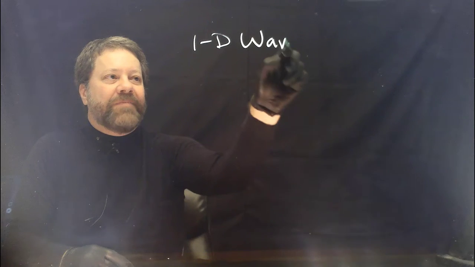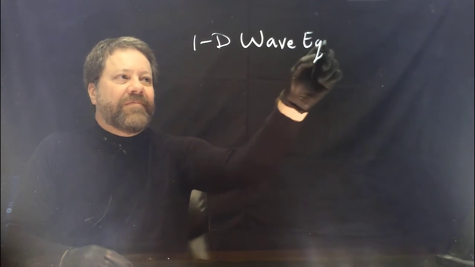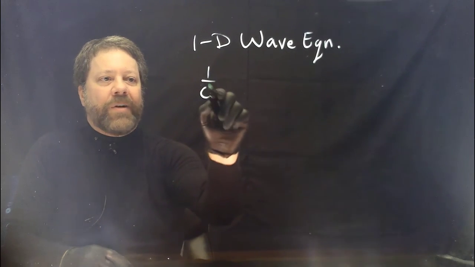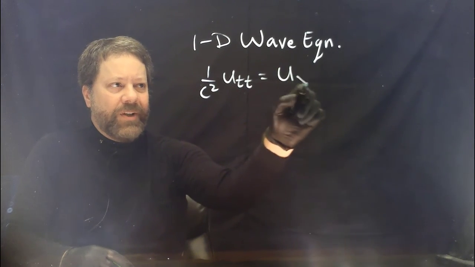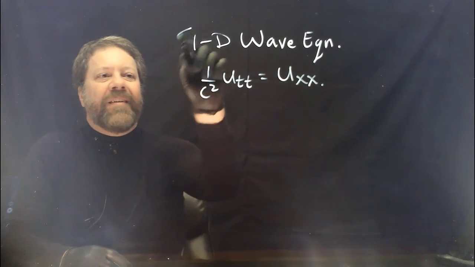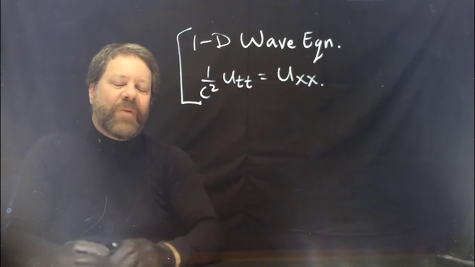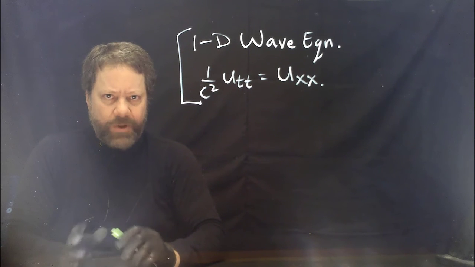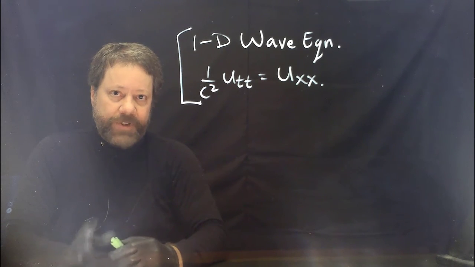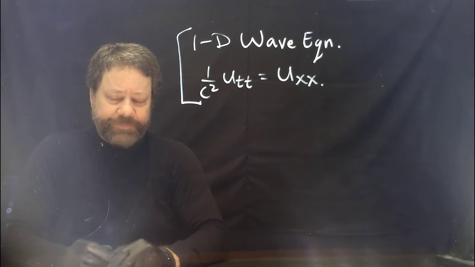I'd like now to focus on the 1D wave equation, which you'll recall is 1 over c squared utt equals uxx. And I'd like to approach the solution to the one-dimensional wave equation using a principle called separation of variables, or separability.